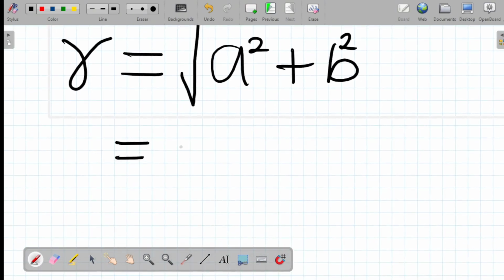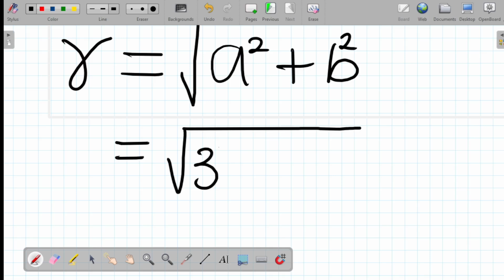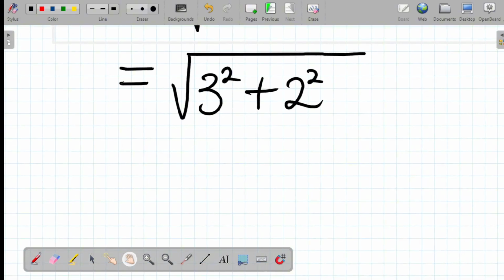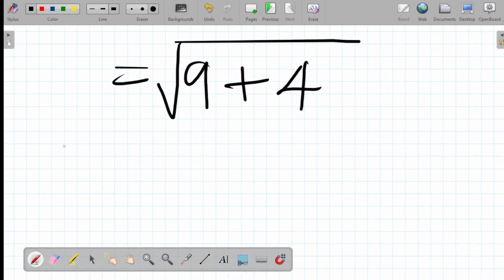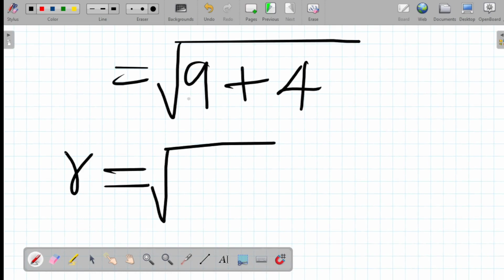So we have r is equal to the square root of 3 squared plus 2 squared. 3 squared is 9, and then plus 2 squared is 4. So therefore r is equal to the square root of 9 plus 4, which is 13.